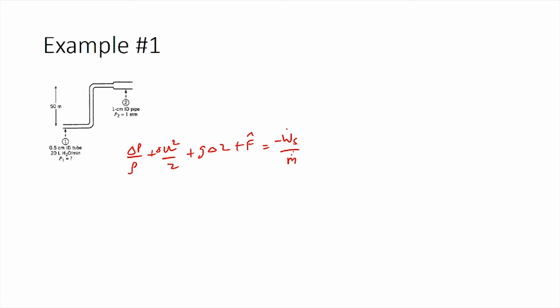In this system, we have been told that there is no friction, which means the friction factor can be equated to 0, and we also know that there is no shaft work because there are no moving parts in the system, which means W S also goes to 0. So, for this system we can use Bernoulli's equation for performing mechanical energy balances. Bernoulli's equation is delta P divided by rho plus delta U squared by 2 plus G delta Z equals 0.